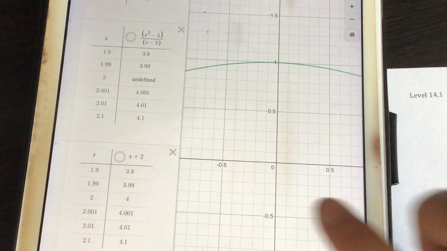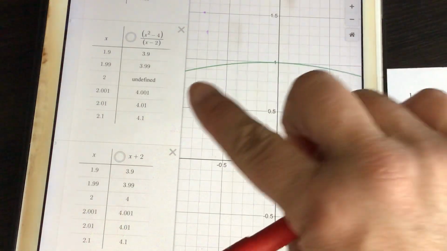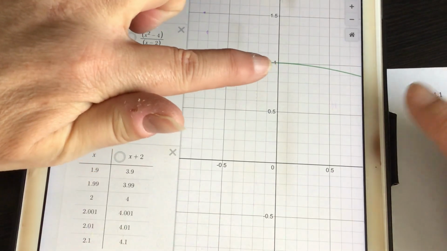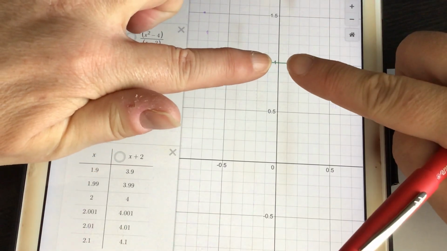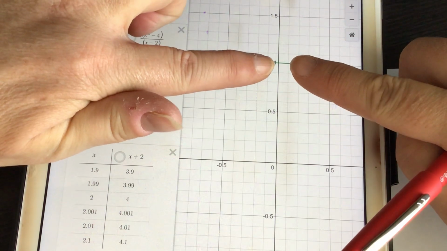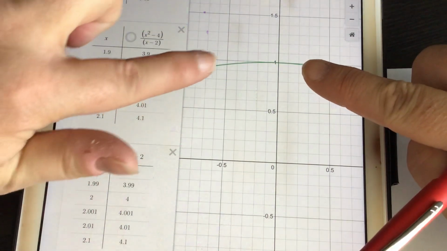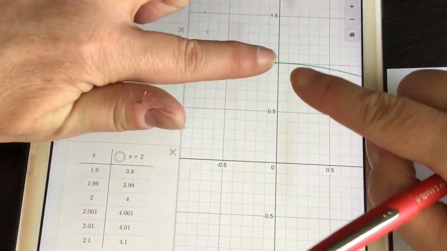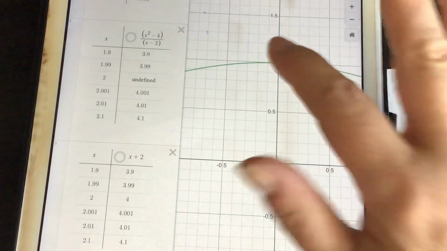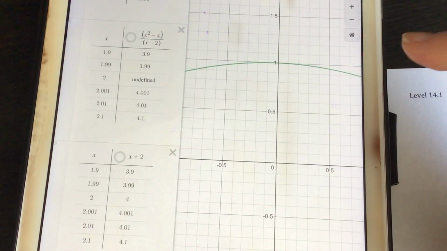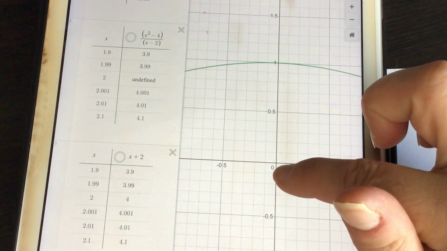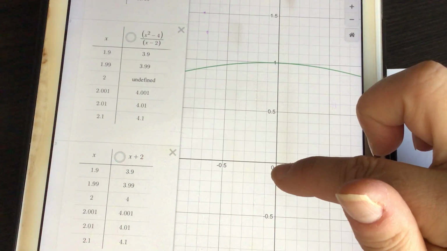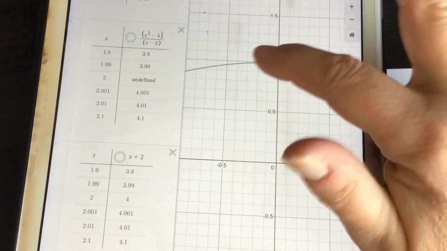We can see in my graph that as I go towards 0 from the left and towards 0 from the right, it looks like I have a value of 1. But we know that if we put 0 in for the x value, I have a denominator of 0, so that's not going to work.